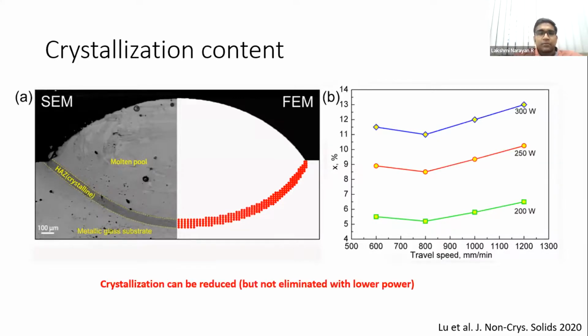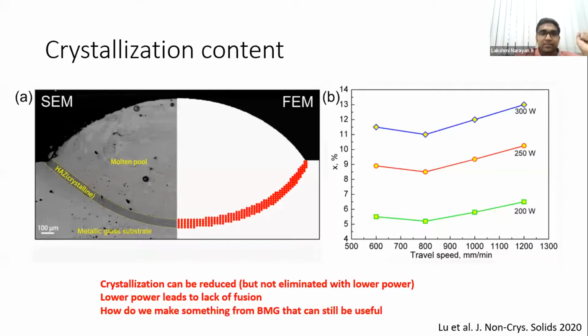So the lesson is we cannot eliminate crystallization completely. It can be reduced with lower power, but cannot be eliminated completely. And the lower and lower power you use, you will form lack of fusion. So another dilemma, the crystallization porosity dilemma. Okay. So we are again back to the dilemma which we talk about in the formation of metallic glass.